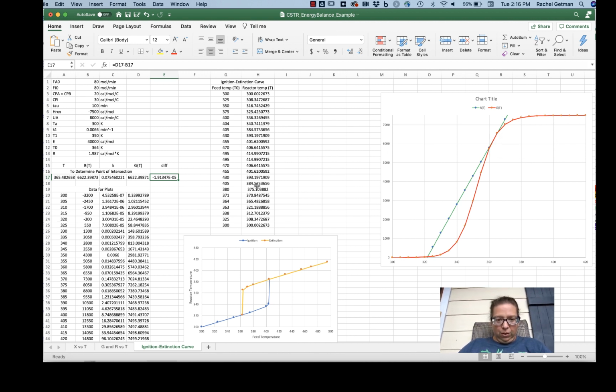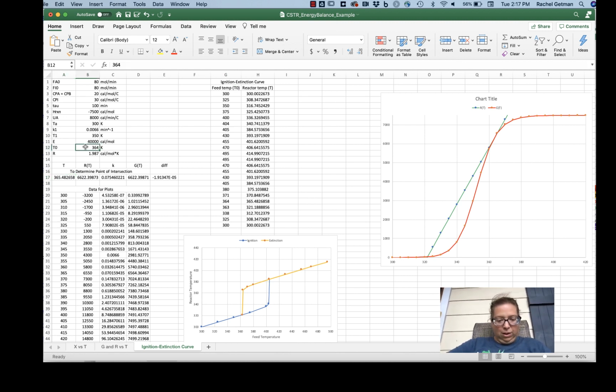So if I go here, that's what this combination of values is here. For a feed temperature of 364 Kelvin, the reactor operates at 365.5. This 364 Kelvin is my extinction temperature. So now I go just 1 degree below that, and that's going to give me my extinction curve.